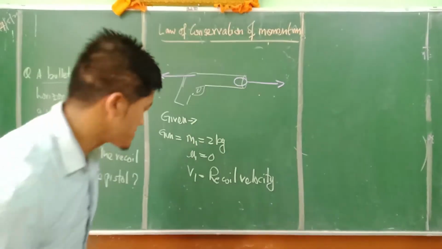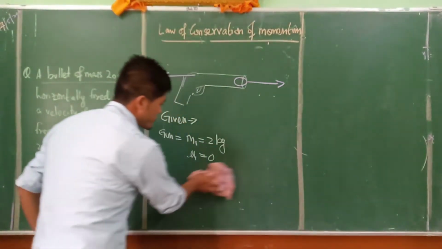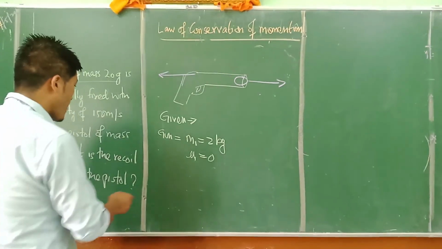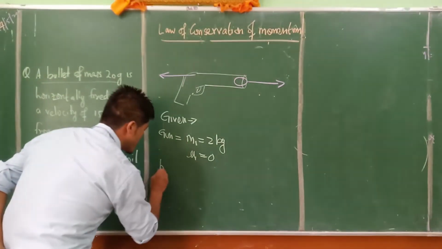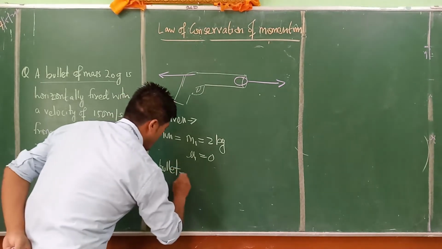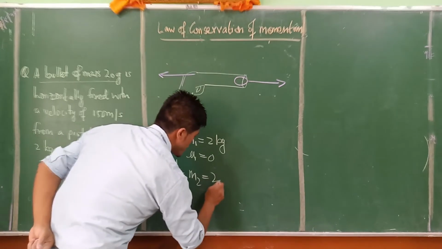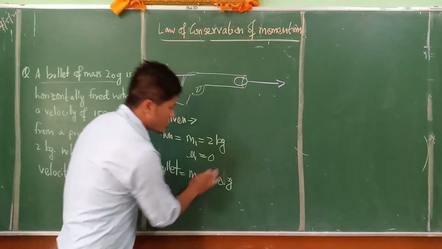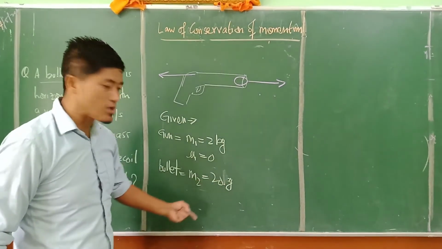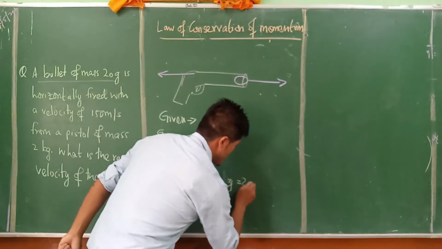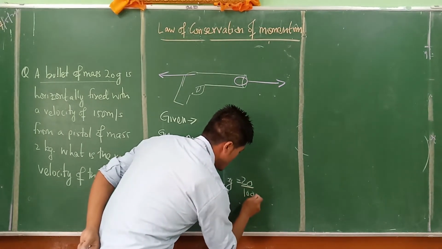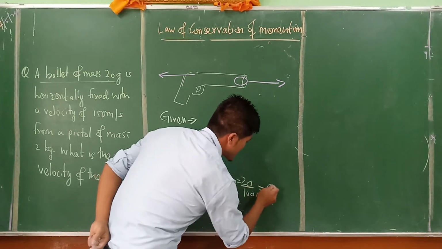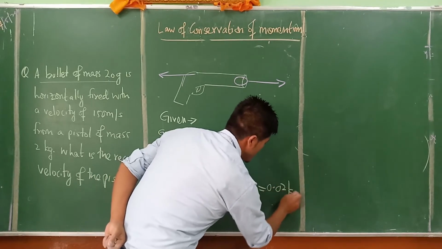Now m2 is the bullet. M2 is 20 gram. When you convert gram into kilogram, it is 20 divided by 1000, so you get 0.02 kg.